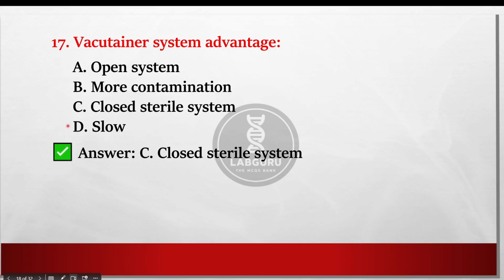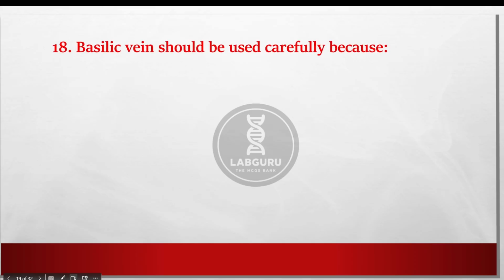So the right answer is it is a closed and sterile system. The option C is the right answer because it is a closed and sterile system. It reduces the infection risk. Right?